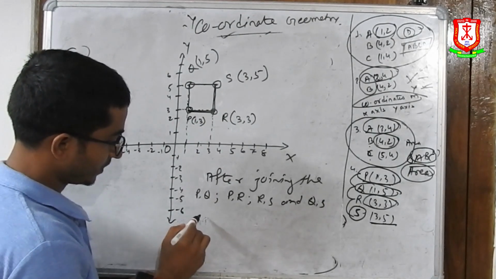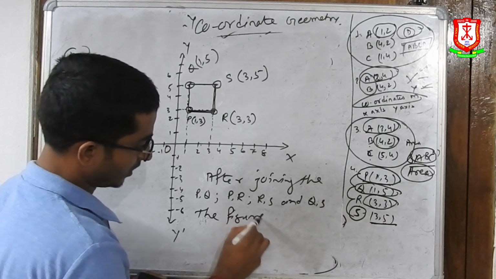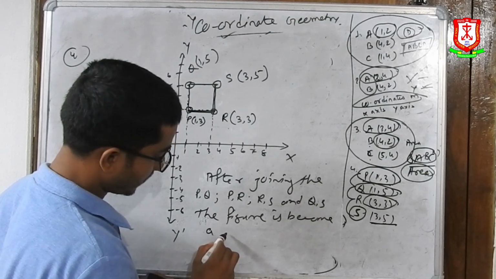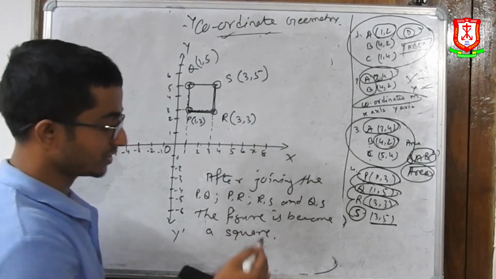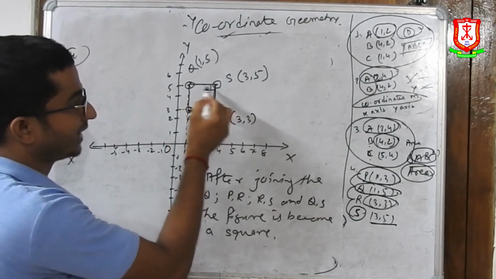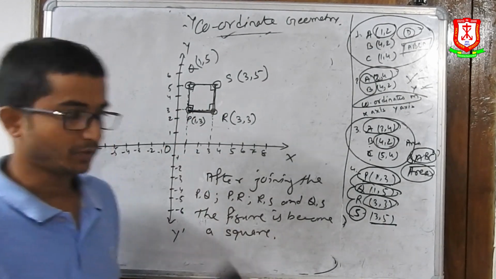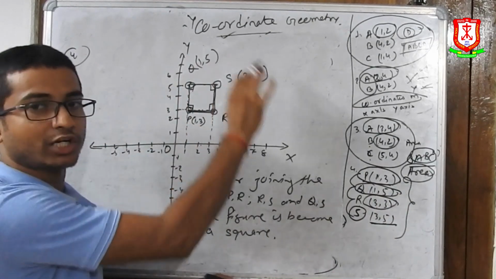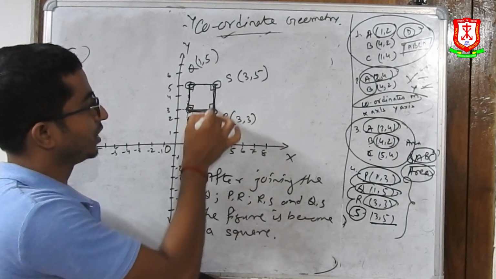The figure becomes a square. Why is it a square? Because all the sides and all the angles are equal. All the angles are 90 degrees and all the sides have the same length. It means after plotting these points P, Q, R, S on the Cartesian plane, we got a figure that is a square.